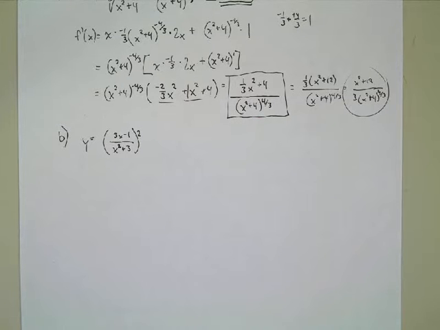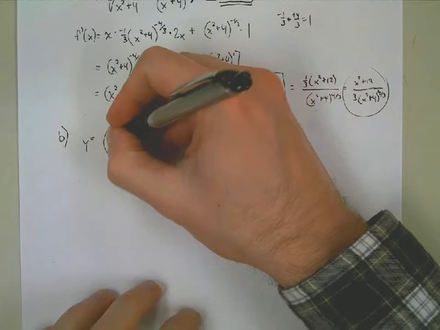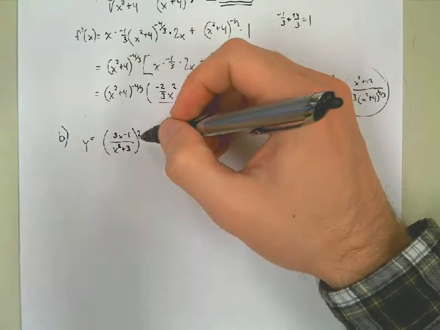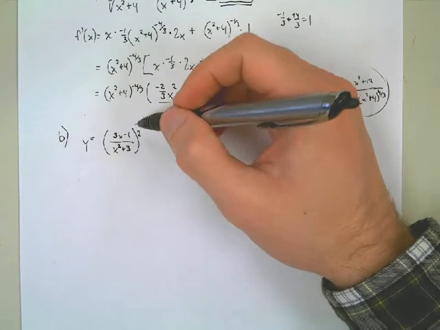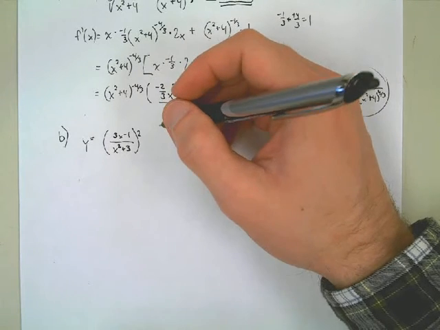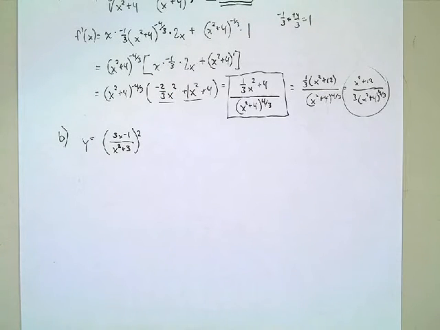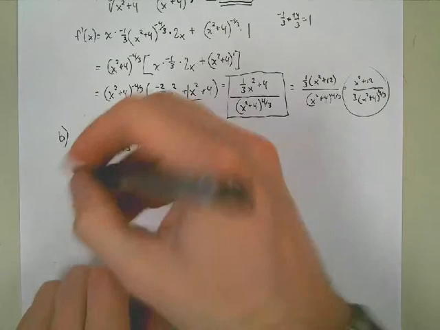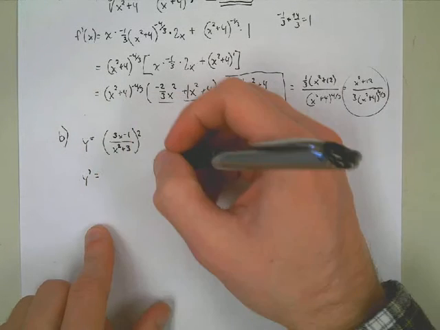So the quotient rule is actually inside of like a power rule here. Nate, question? Is that a 5 or a 3? This is a 3, and this is a 3. Okay. So, because the outermost layer here, for the layers that we were talking about, is what? The square. So the first thing we're going to take the derivative of is something squared.